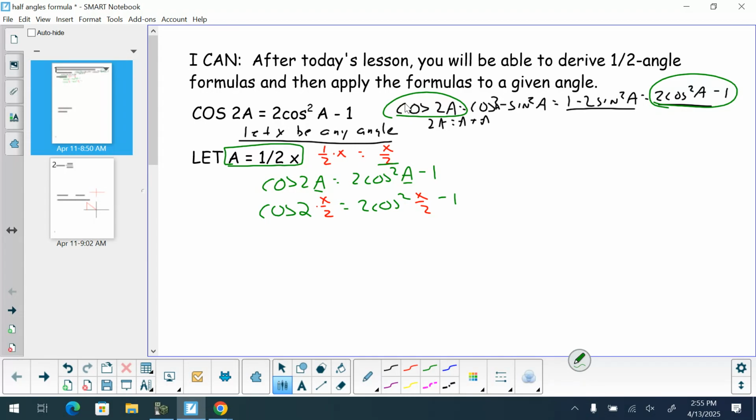Once again, either way is the correct way of looking at it. If we take a look at the left-hand side, we have 2 times 1/2 x. What happens so nicely here is the 2's will cancel out, leaving us with the cosine of x equal to 2 cosine squared x over 2 minus 1.